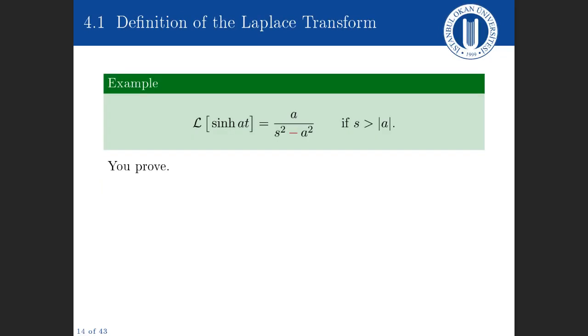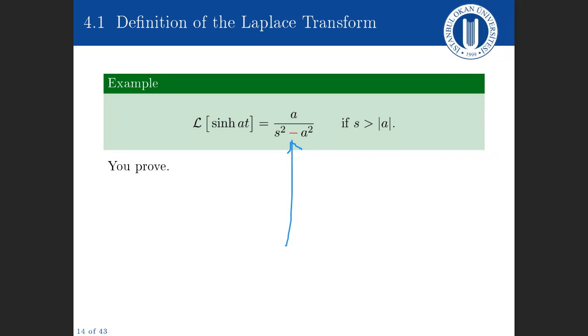We could do the Laplace transform of sinh at, and this is almost the same as the Laplace transform of sine at, but instead of s squared plus a squared on the bottom, we would get s squared minus a squared. Why? Because if we differentiate sine 2 times, we get minus sine, but if we differentiate sinh 2 times, we get sinh.